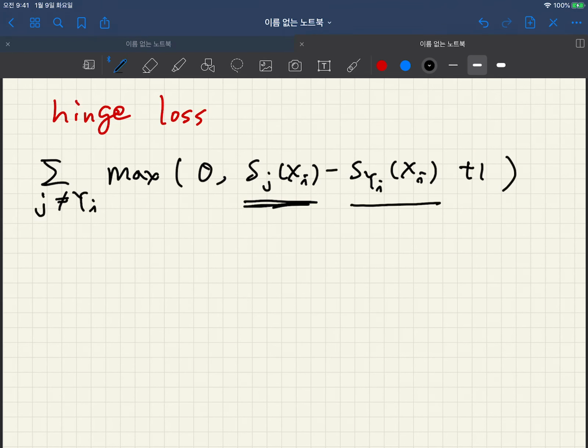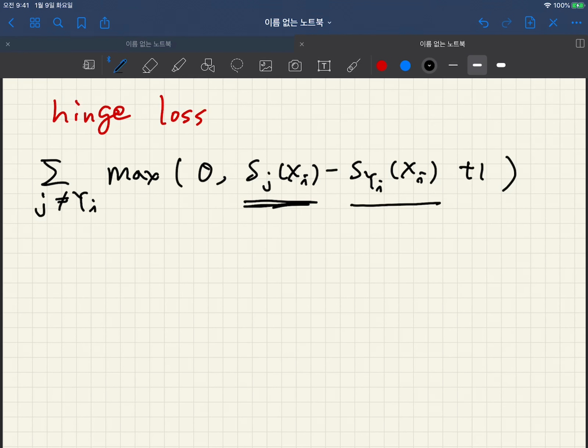Then in the end, the score vector will have a very high value at the true label and a very small value for all the other entries, which is the desired score vector, and we can expect very accurate prediction or classification with hinge loss.